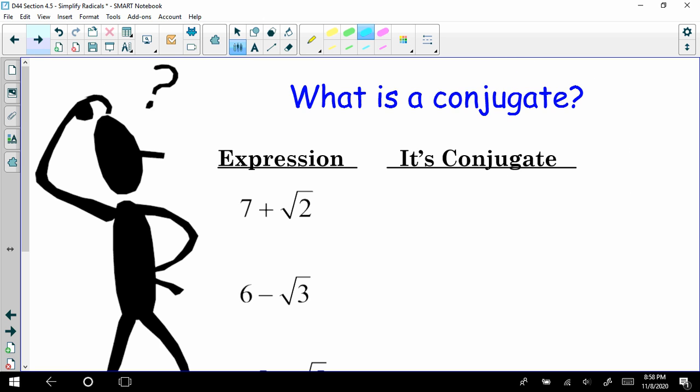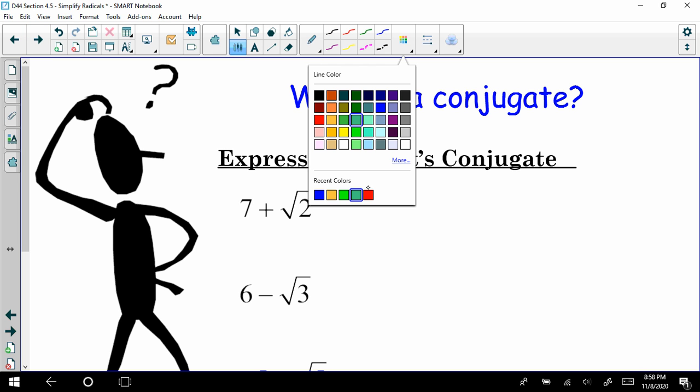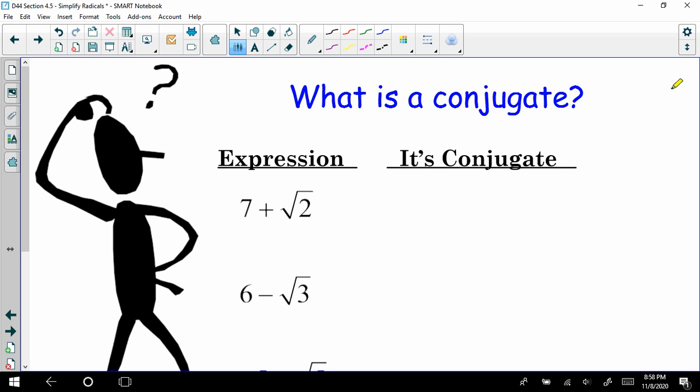All right. So we introduced the word conjugate, but we haven't really done anything with that yet. So let's do a little bit of practicing. If the expression is 7 plus radical 2, and you're asked to multiply by its conjugate, the conjugate is 7 minus radical 2. So it's the same thing, but the opposite operation in the middle of those terms.